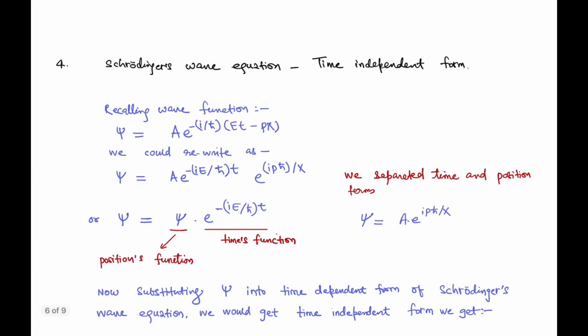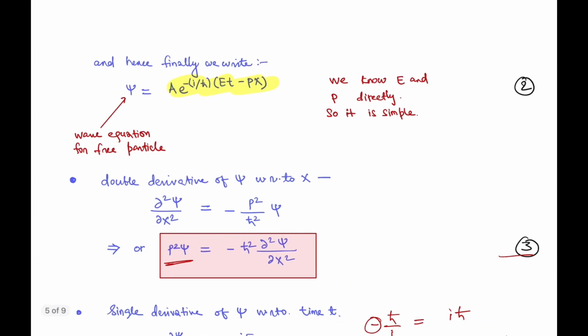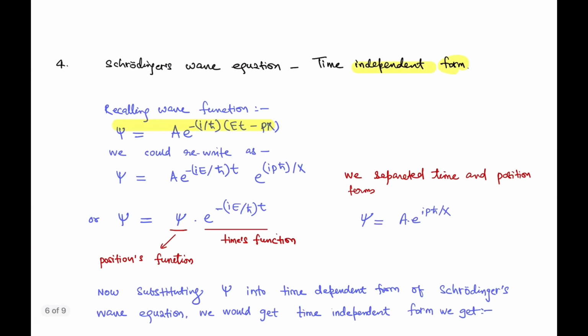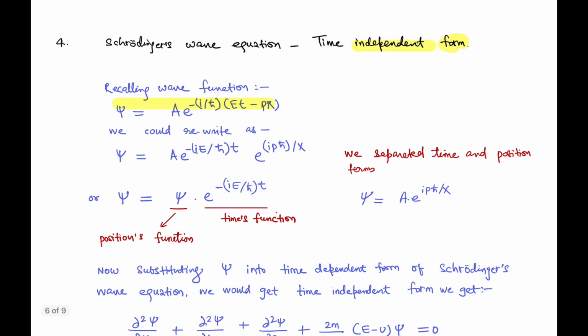Now suppose that we want to know the time independent form, which we also call the steady state form. So let us again recall the wave function from here. We have this very important wave function. Okay. And what we need to do is separate time and everything else.